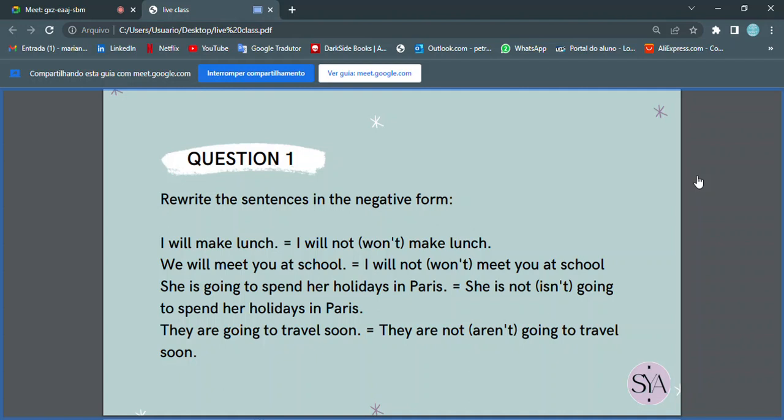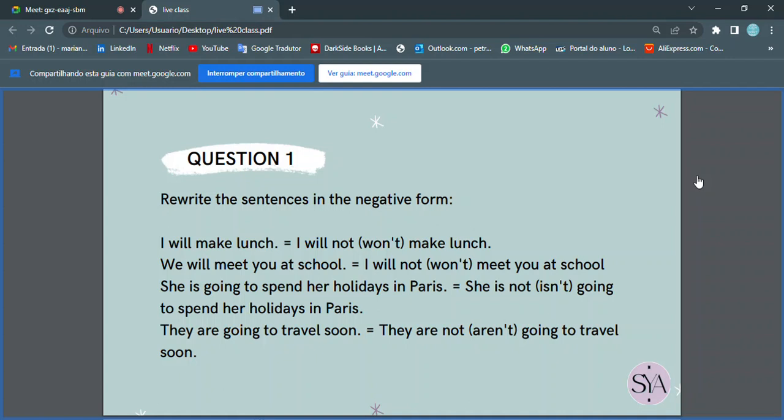So you do that with all the other sentences. You just have to put the not. So we have I will meet you at school. And the negative form is I will not meet you at school. And with going to, you just have to put the not before the going to. So she is going to spend her holidays in Paris.